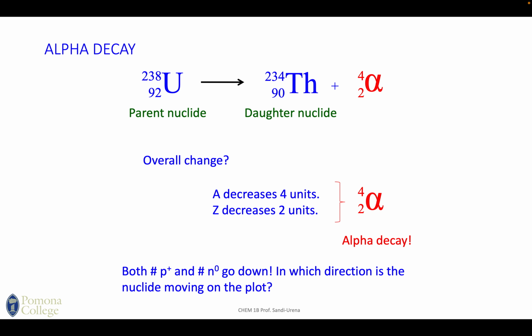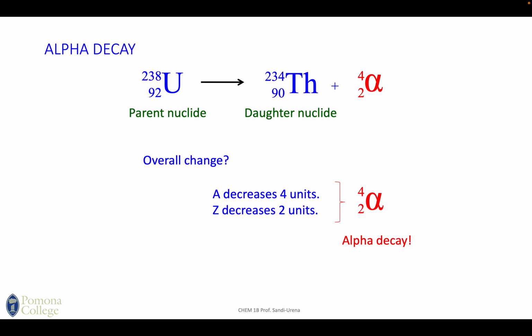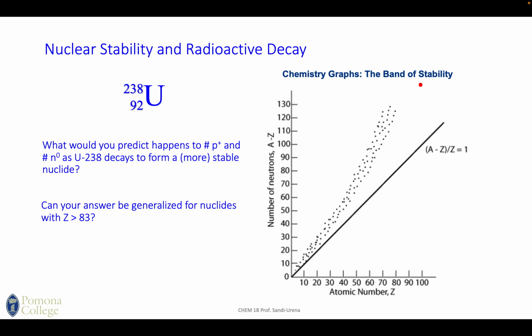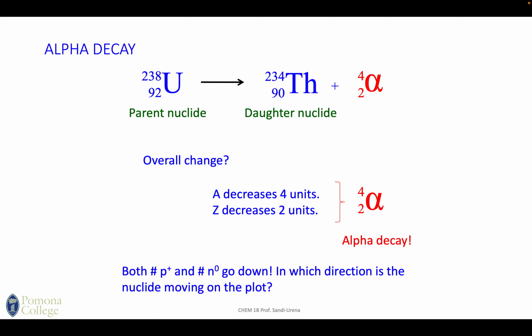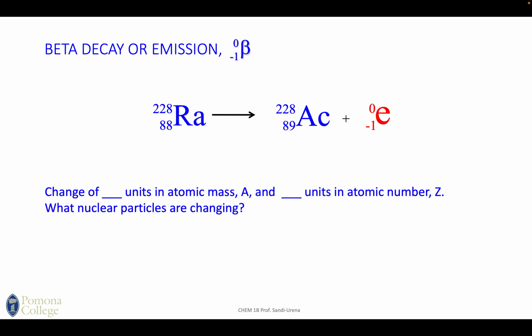Remember, protons and neutrons are both going down for uranium-238. So let's go back to the plot. If both of them are going down, it's moving diagonally to the left and getting closer to the band of stability. That's how we can predict which type of decay will happen. That's alpha decay, one of the 4 that we're going to be discussing.